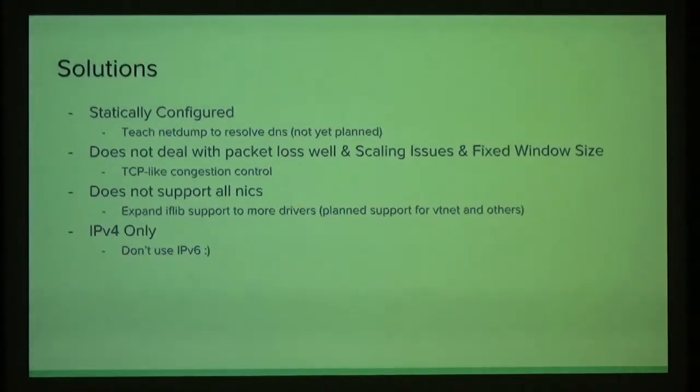And if we expand IFLIB support, then we get netdump for free, because netdump only needs to be implemented once for IFLIB, and then everything it supports gets netdump for free. So it'd be nice to expand IFLIB support to vtnet and others, so we don't have to write it specially.